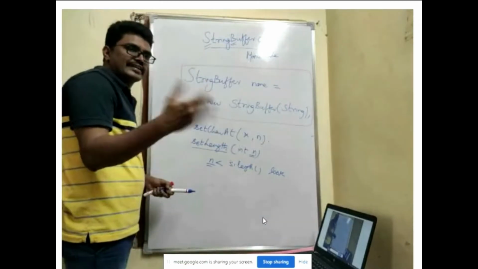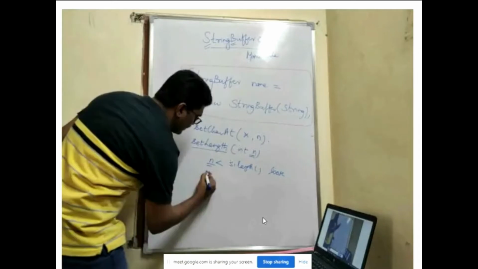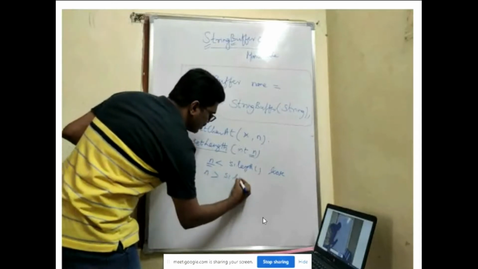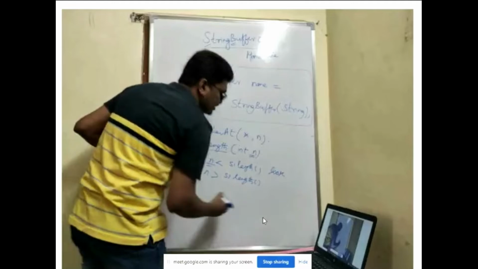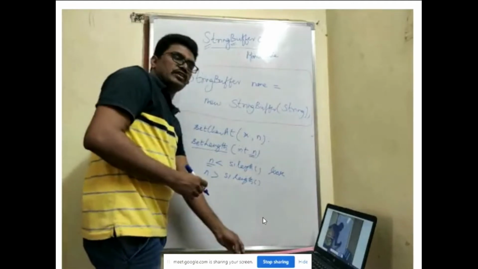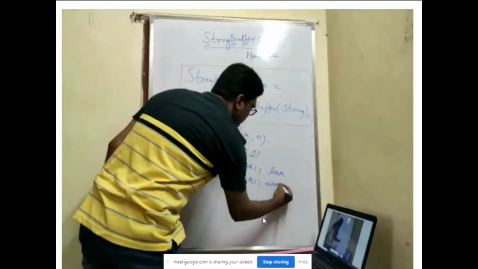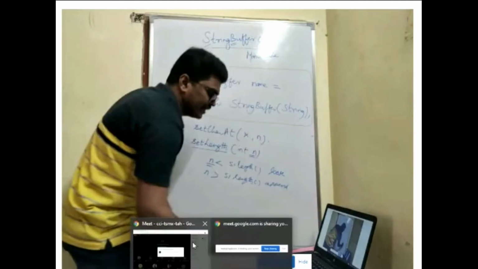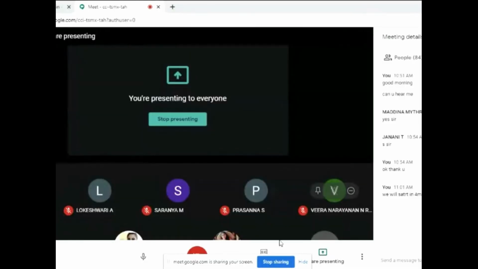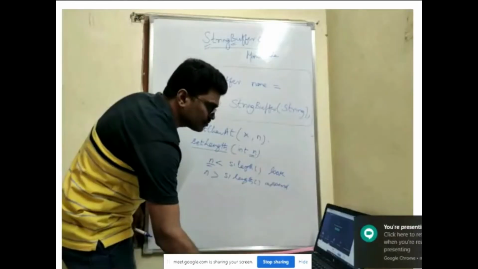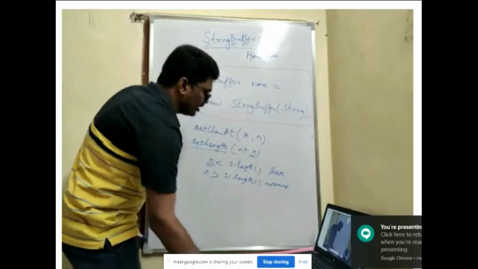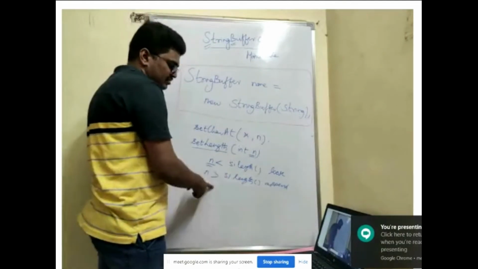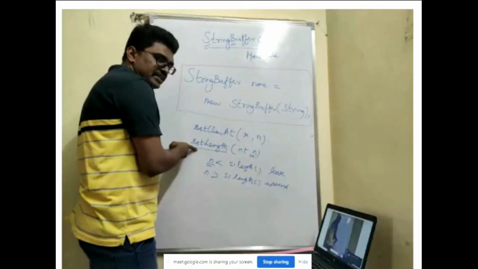If you give a value greater than S1.length, it will append empty characters. So the setLength method changes the length of the string.